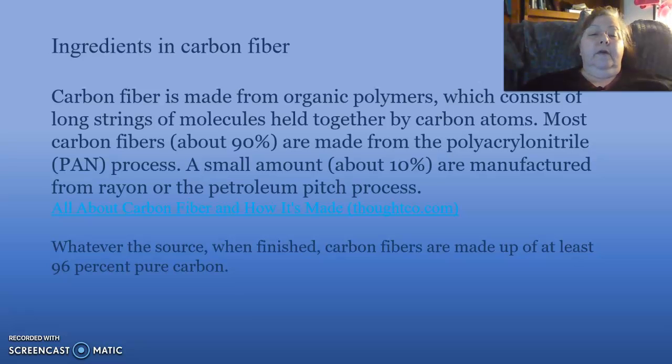Most carbon fibers, about 90%, are made from the polyacrylonitrile PAN process. A small amount, about 10%, are manufactured from rayon or the petroleum pitch process. Whatever the source, when finished, carbon fibers are made up of at least 96% pure carbon.